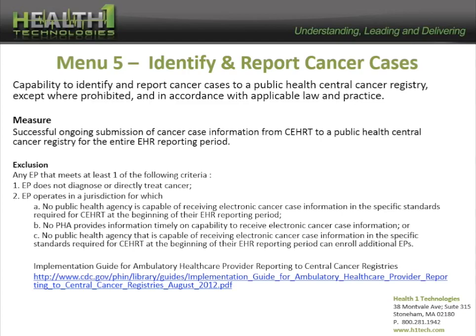So if any of those fall back onto the public health agency, then you can file for an exclusion on this. The implementation guide for ambulatory cancer registries, the link to that is in the presentation.